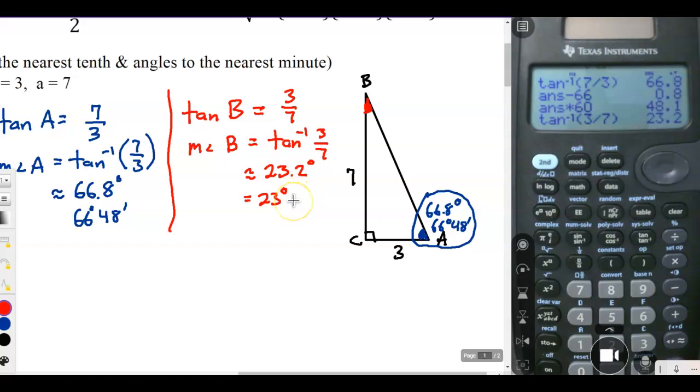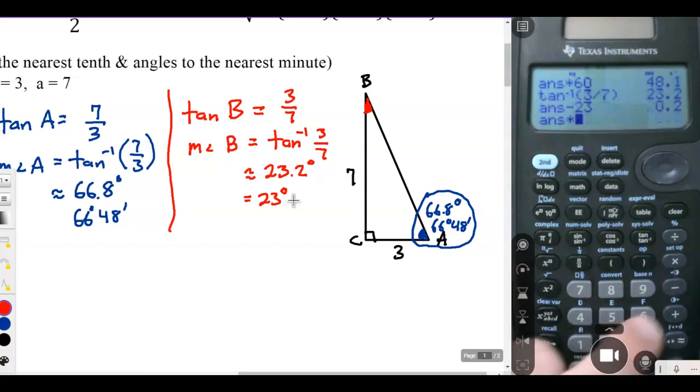So if I do this minus 23 and times 60, you get about 12 minutes. Which makes sense, because it matches with here, these two. Since I have 48 minutes, I knew this had to come out to 12 in order for these two to add up to 90 degrees. So you could always do a check just to make sure. So we have 23 degrees, 12 minutes.